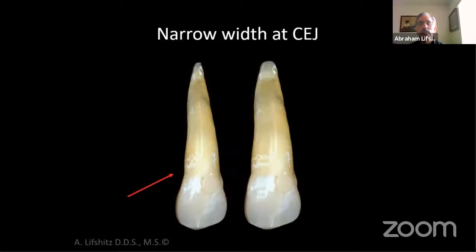This side has a narrow width at the CEJ, so if we do an enameloplasty to reduce the proximal surfaces and the cusp, it might be way easier to resemble a lateral incisor than the one on the left side that has a wide width at the CEJ.